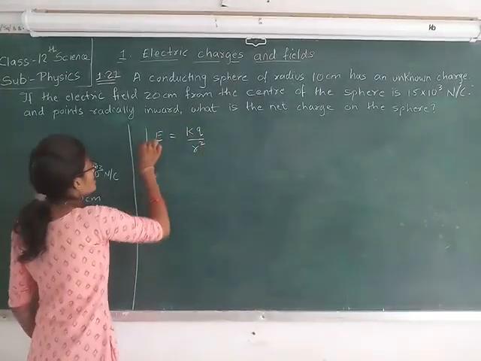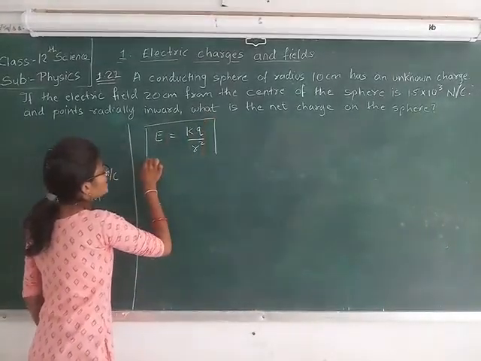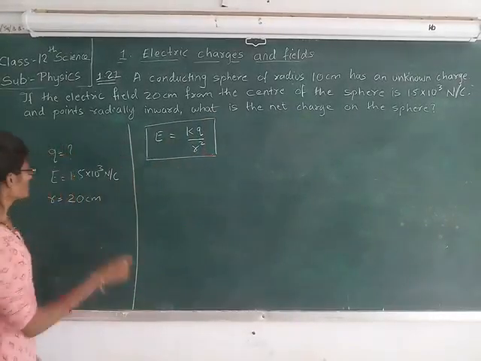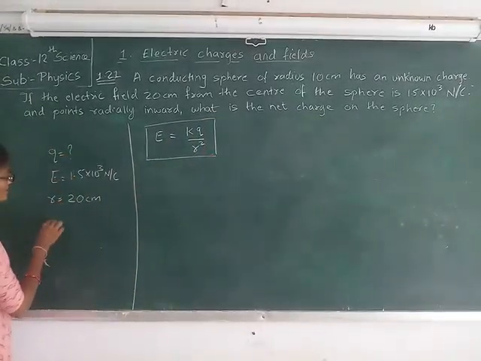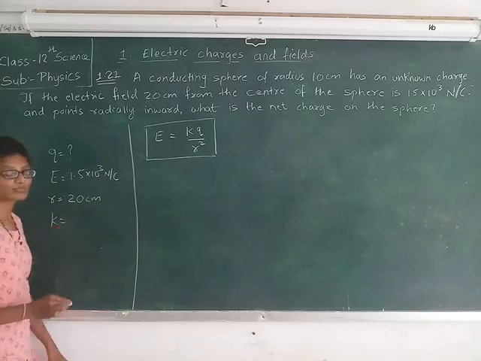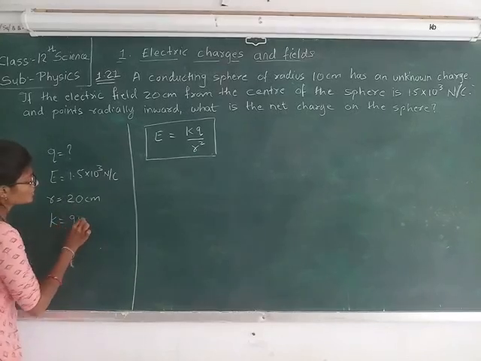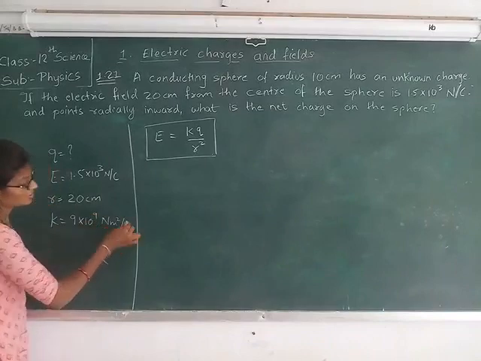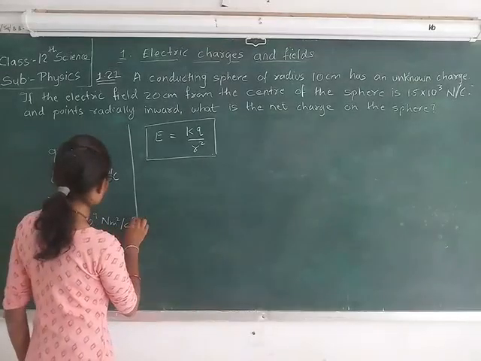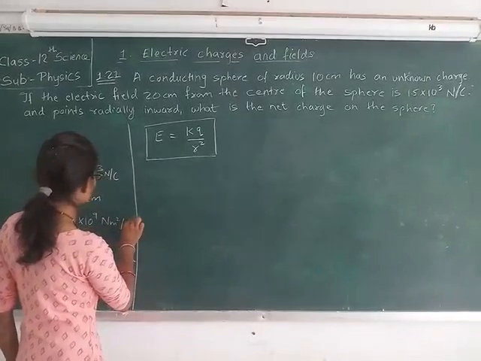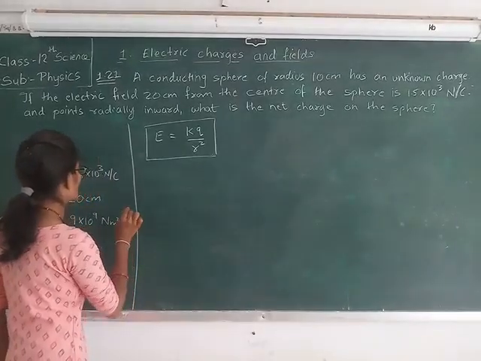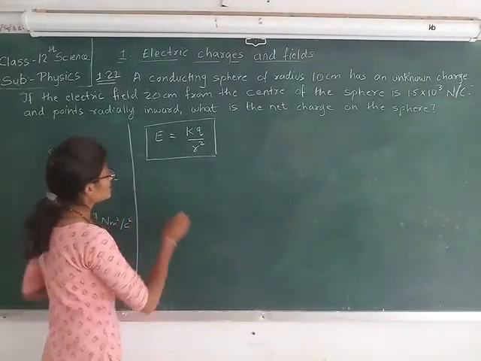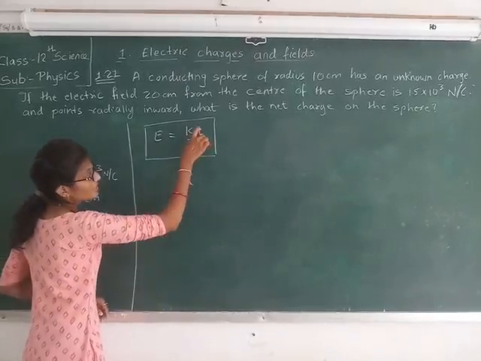Here E is given, r is given, and k is Coulomb's constant, which is 9 into 10 raised to 9 Newton meter square per Coulomb square. So we need to find Q.